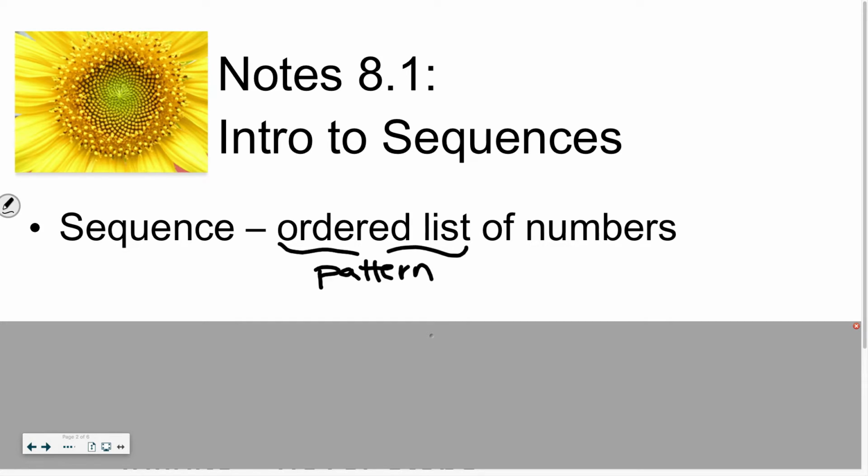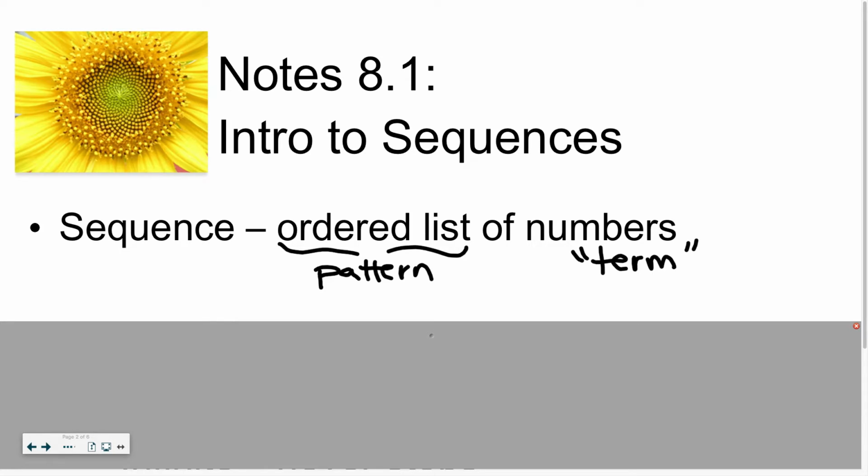It matters what order the letters or the numbers come because they have to be in that ordered list. They have to be in that pattern. And each individual number in the sequence, just in terms of vocabulary, I call those terms. So in the Fibonacci sequence, 1, 1, 2, 3, 5, 8, those are the terms.